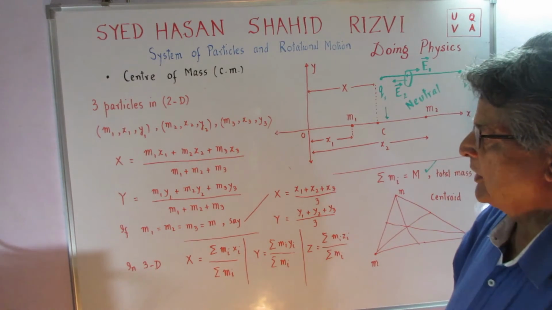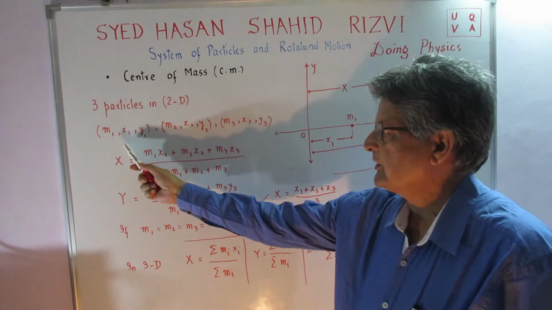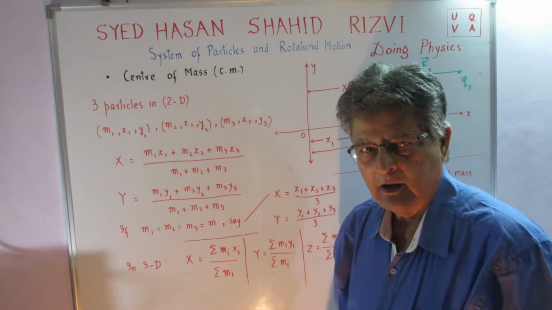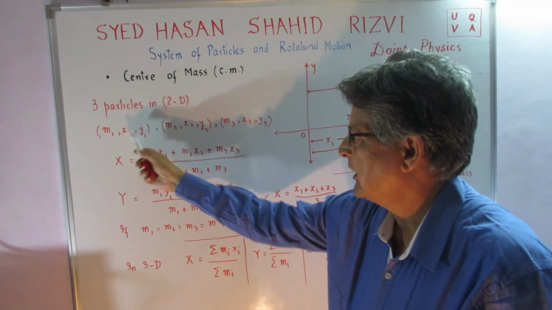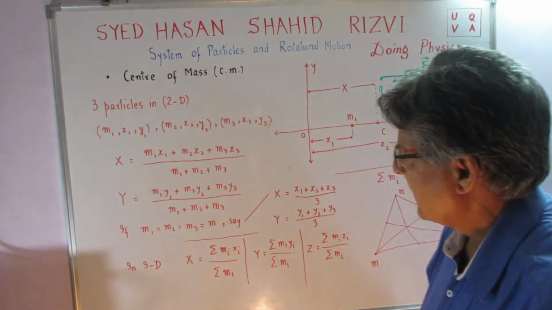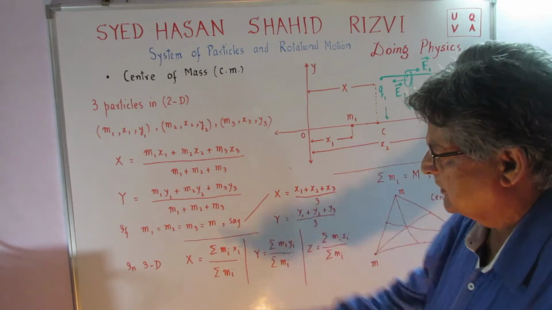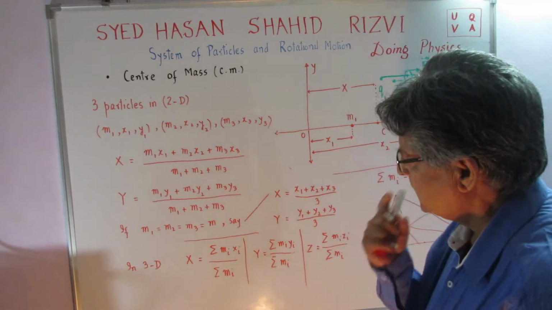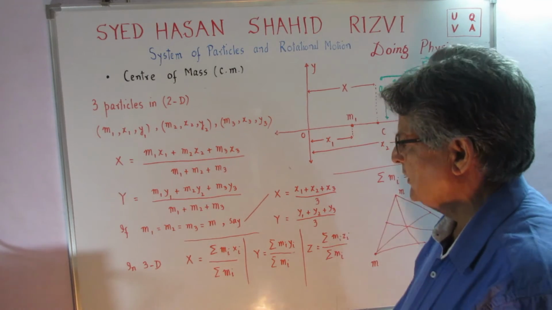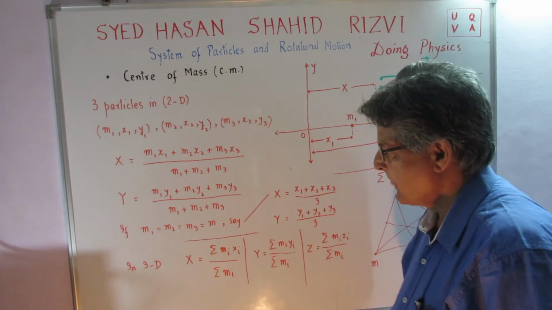Well, I have taken the axes of x and y. You can take y and z, or z and x, no problem, and similar results for the various component values of the center of mass coordinates will be obtained like this.